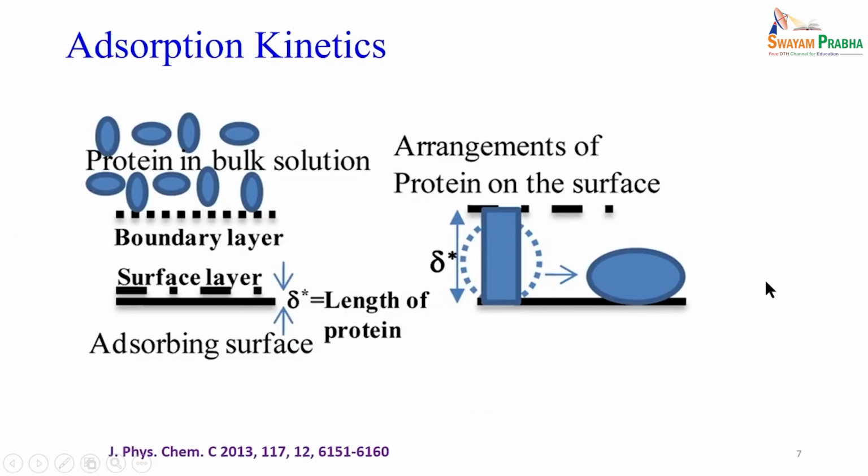Now, we will quickly see the kinetics of adsorption. As I told, proteins are there in the bulk, and from the bulk they are coming to the interface. So, this is the surface and this is the bulk. From there it will first come to the interface.